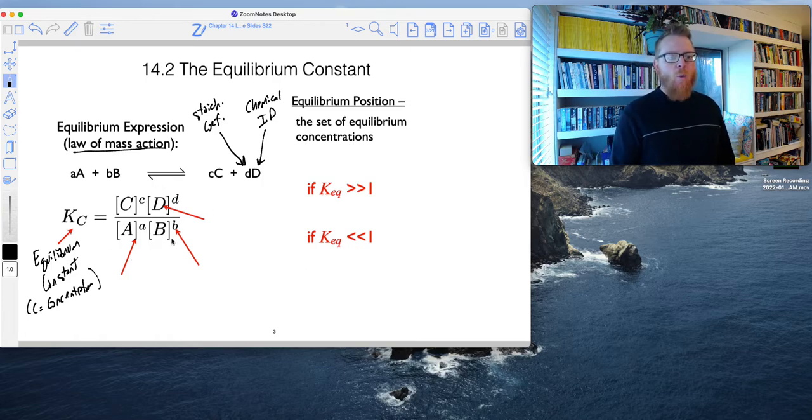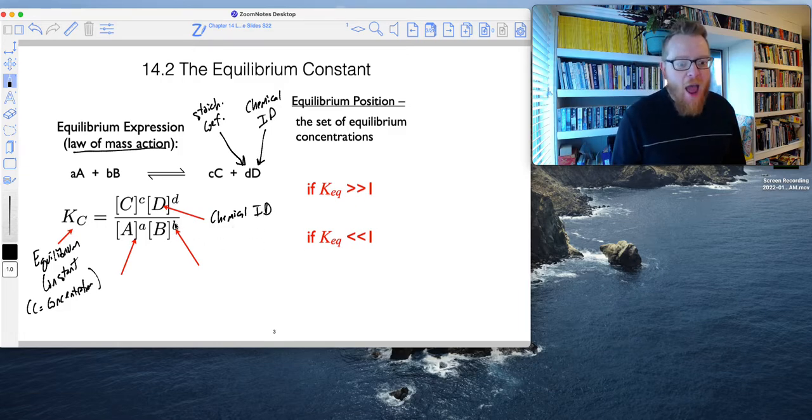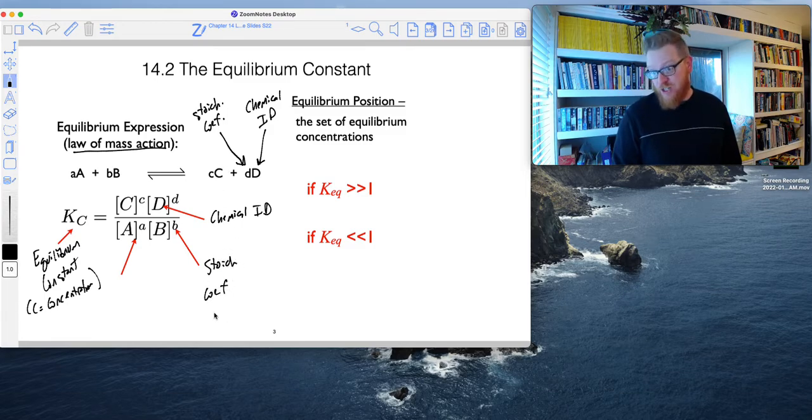Okay, so now what does all this stuff mean? Well, once again here, the big capital letter, that's my chemical identity, same as the way I've written this reaction. So I'll write chemical ID for just chemical identity. Now what is this lowercase letter? Once again, it's the stoichiometric coefficient.